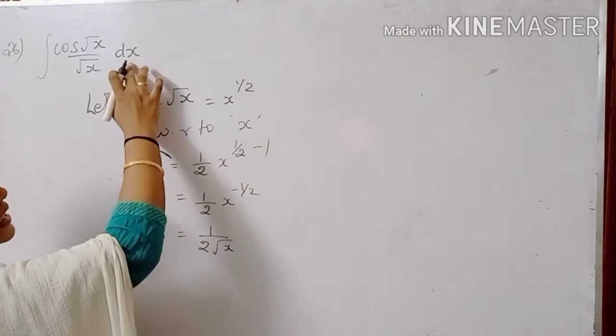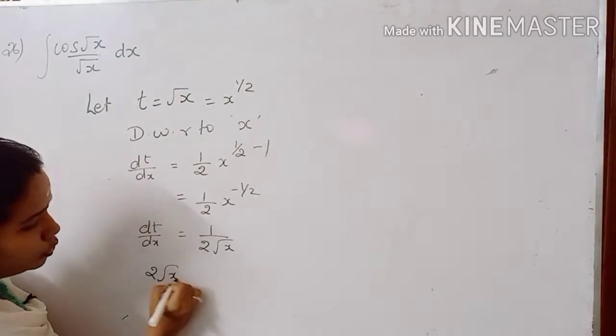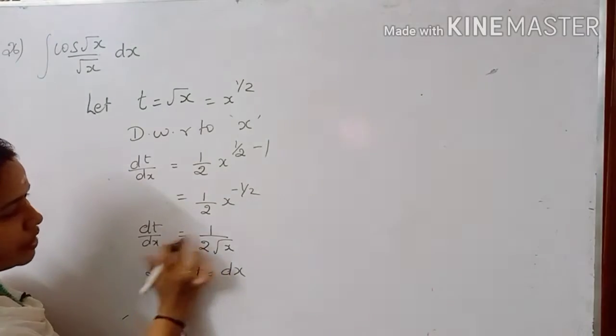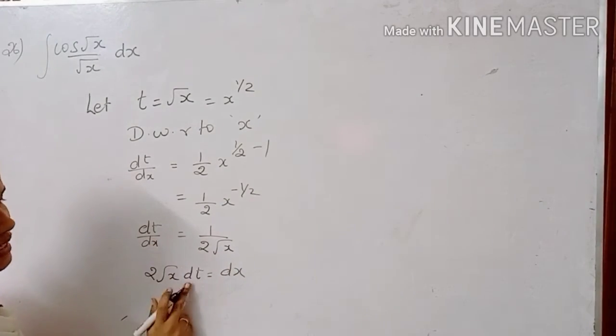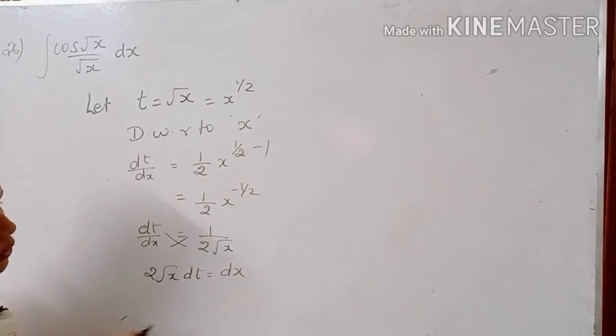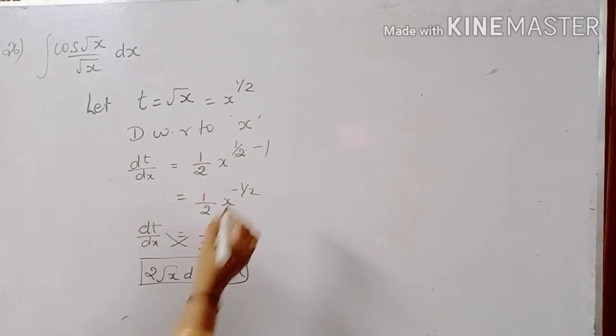Now I need the value of dx. Cross multiplying, 2 root x dt is equal to dx. Now we substitute all the values in the question.